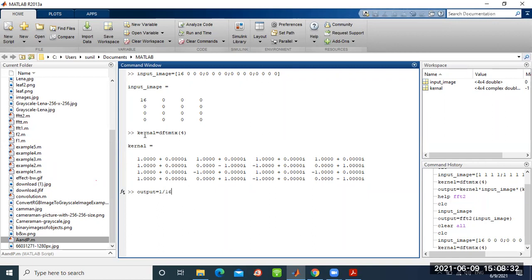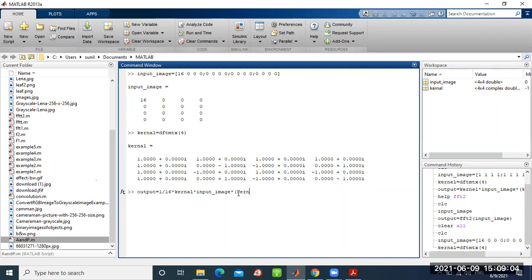So I am taking 1 by 16 multiplied by your kernel, multiplied by your input image, then multiplied by your kernel again, the transpose.